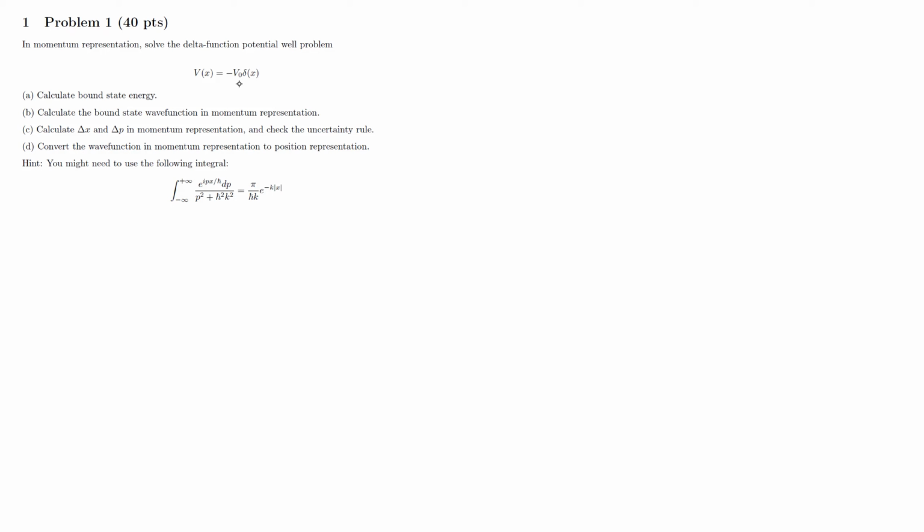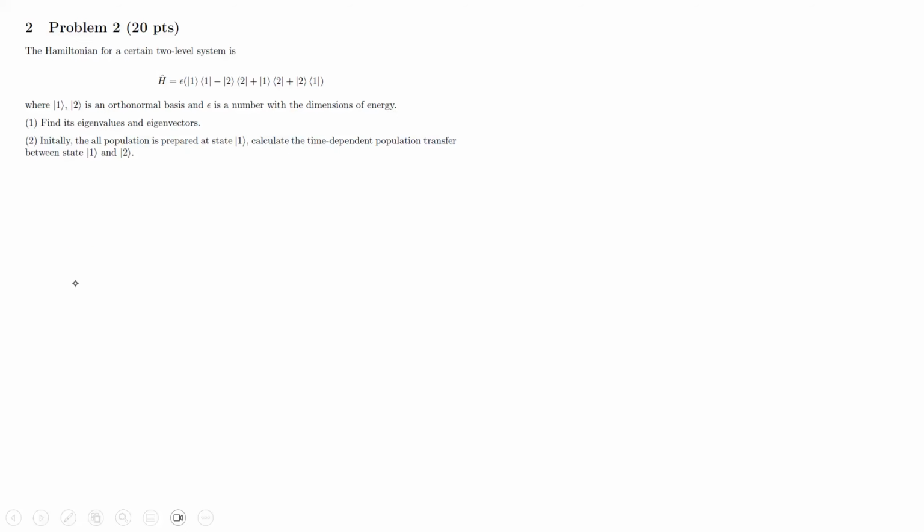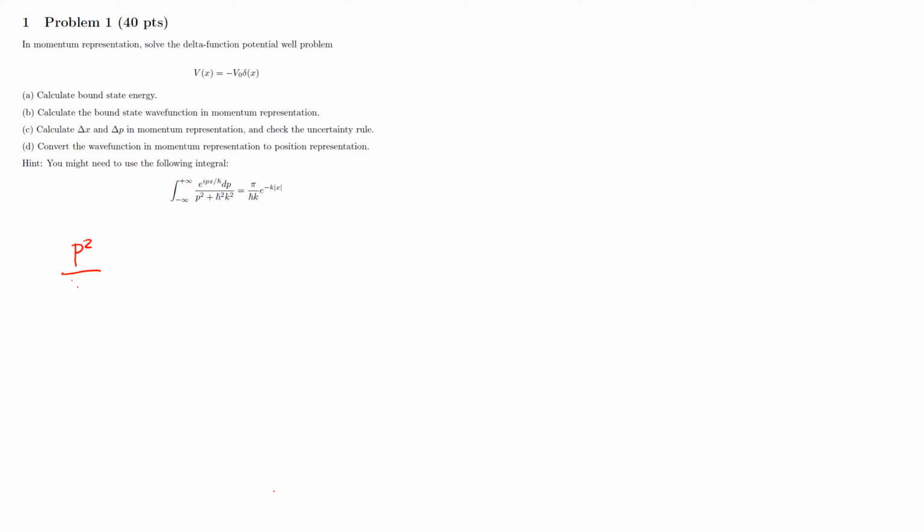So in this case, we start with the Schrodinger equation in the momentum representation, right? In this way, the P operator is an easy operator, and the X operator is a hard one.